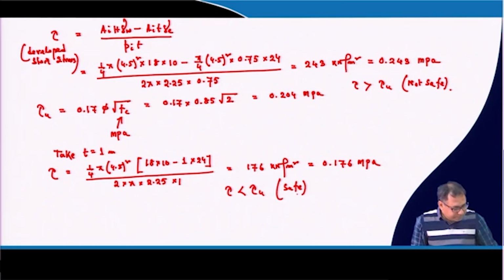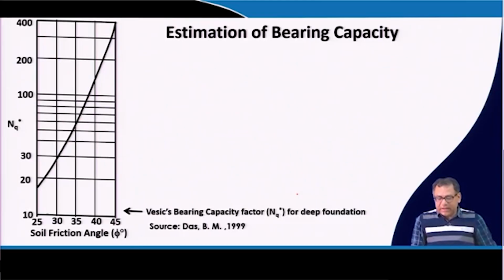Okay. So, next I will discuss the estimation of bearing capacity. So, this was the checking of the concrete seal for the open well. Next, how we can determine the bearing capacity for a well foundation.